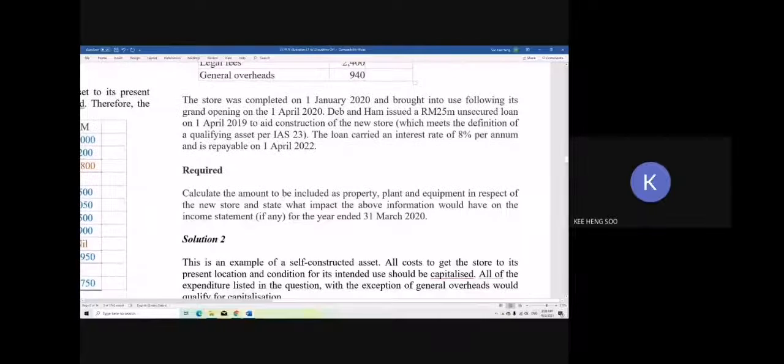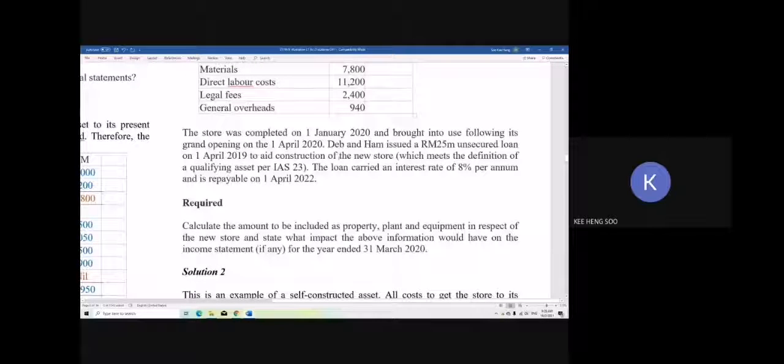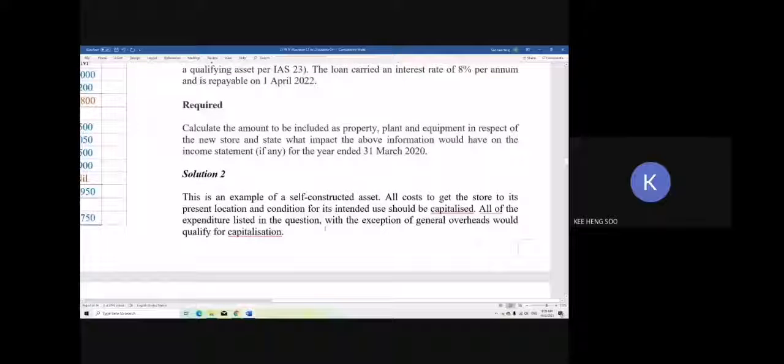Self-constructed asset, or inside. Okay, this one loan. Accession of the overhead.